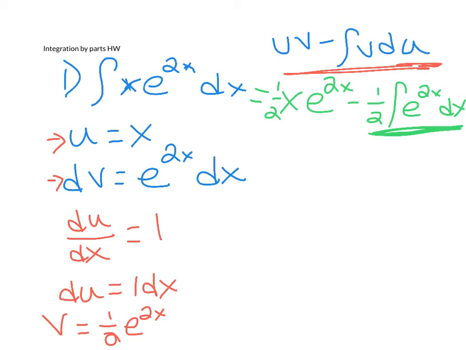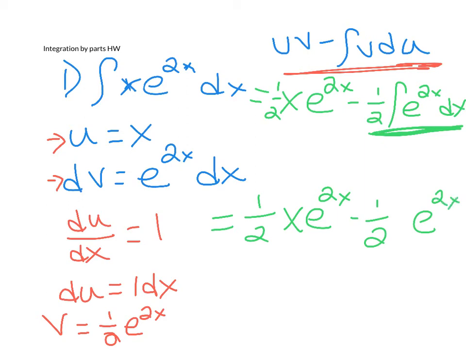When I clean this up, I'm going to go down here so I have more room. If you wanted, you could factor out that 1/2 from the whole thing, but I'll just rewrite it as it is so you can see it. So you've got 1/2 x e to the 2x, and then minus 1/2 times the integration of e to the 2x, which is e to the 2x with a 1/2 out front.